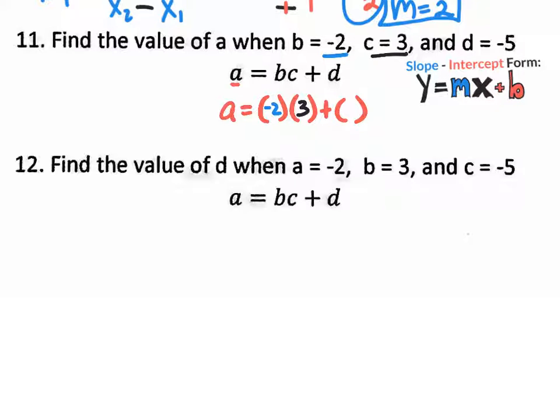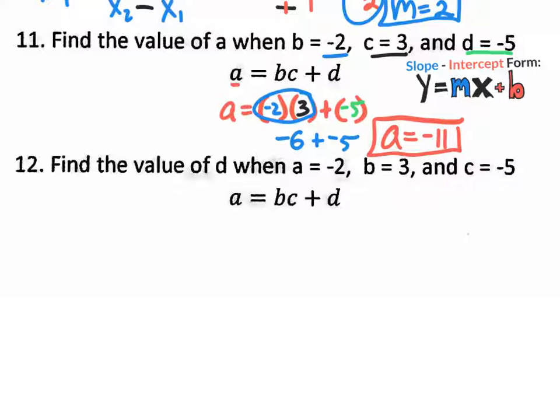And we're plugging in the D value of -5 right here. So now we need to do the math. A equals what? Well, -2 times 3 is -6, plus -5. That means that A equals -11. That's my answer. Let's move on to number 12.